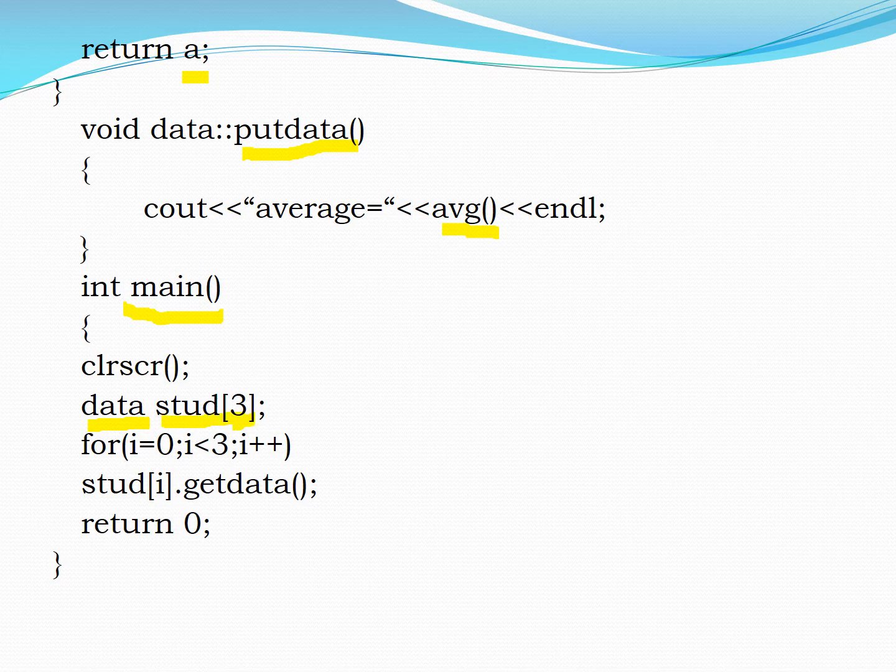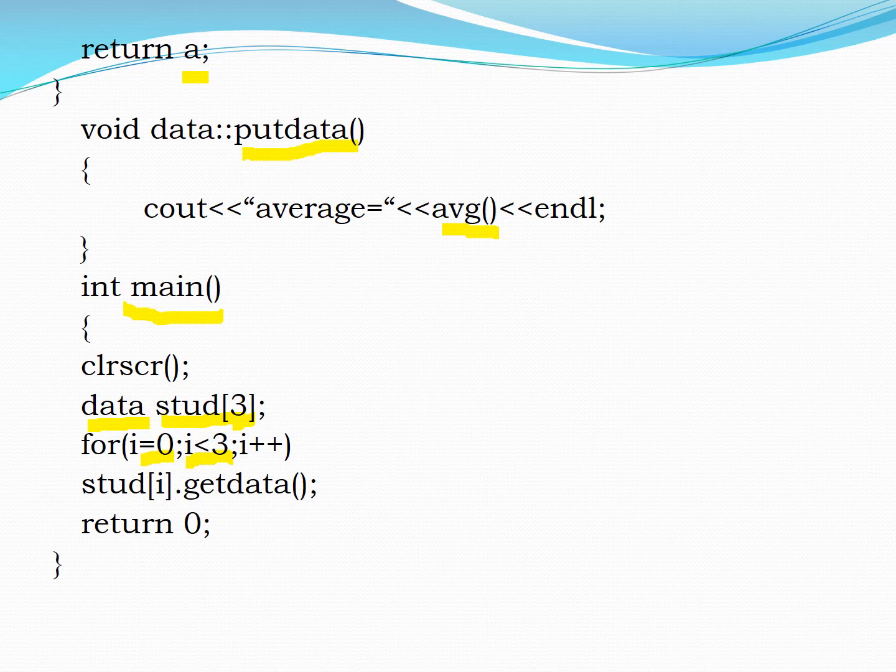My array size is 3, so that I could access 3 objects at a time. Once an array is used, usually you have to use a for loop. For i is equal to 0, where the first index starts with 0, till i is less than 3, so that three objects are accessed.